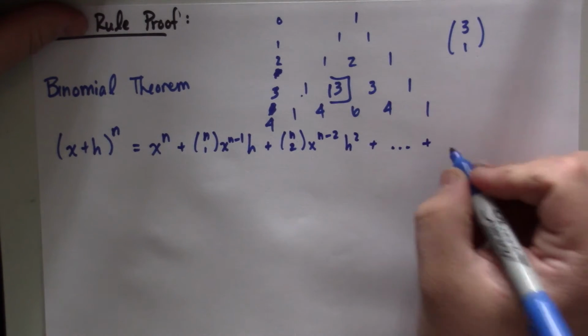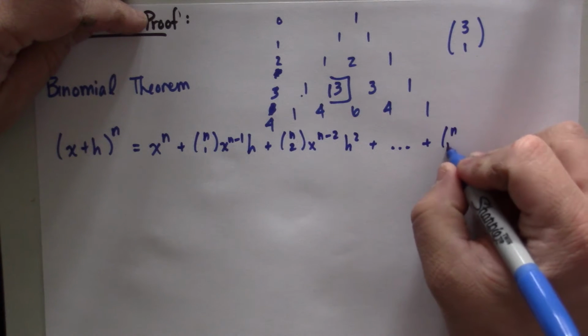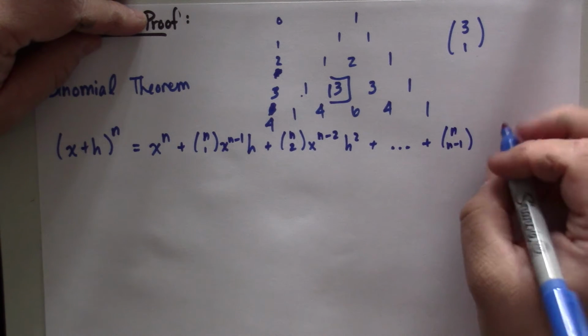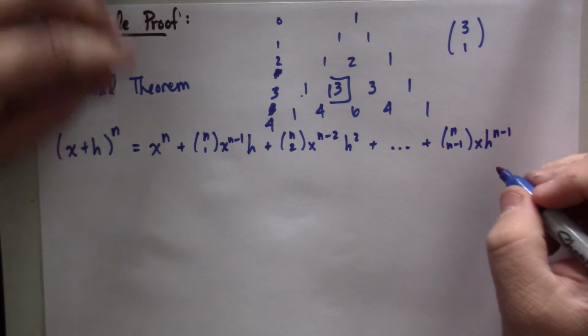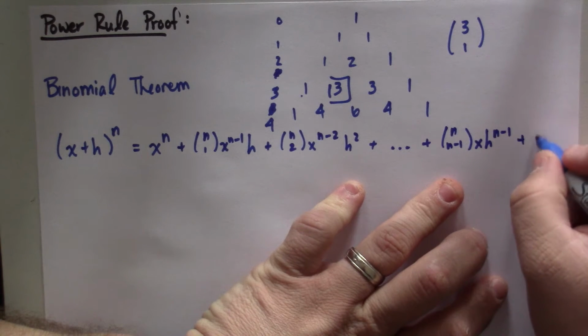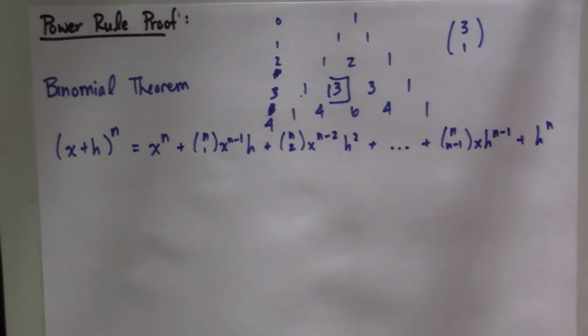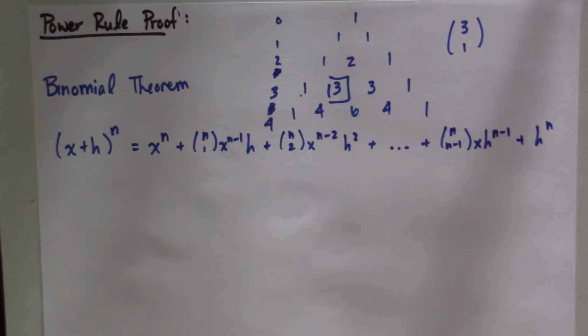And I do that forever, and then at some point I come back and it's n choose n minus 1, x h to the n minus 1, and then h to the n. Now, I have to have this, and I'm going to explain why.